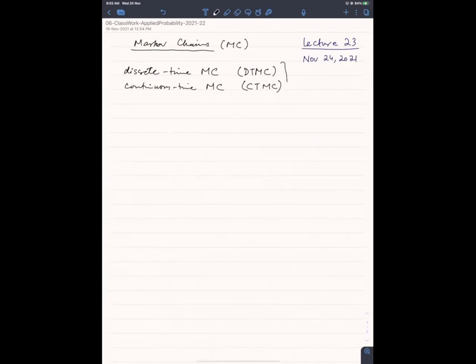By the way, both of these discrete time and continuous time Markov chains have discrete alphabet. Which means, remember, we have been talking about random processes, and the random process has time along the horizontal axis, and the value of the random process is here.